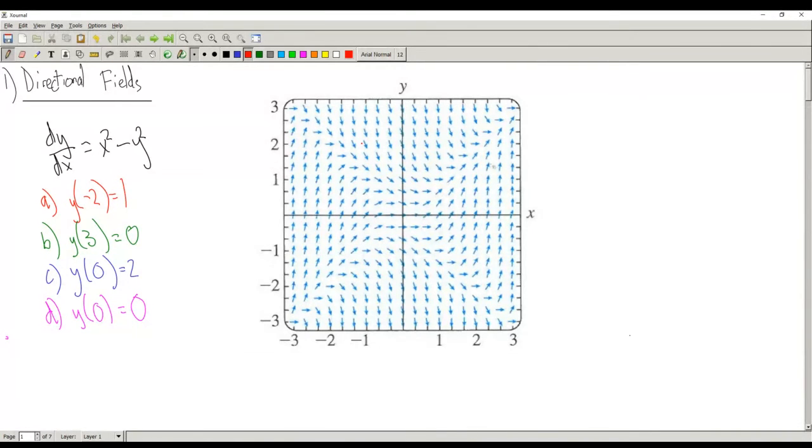When it comes to qualitative, you're looking at the quality of it, as opposed to a specific value that comes out. You will also look at directional fields in terms of a quantitative analysis, where you need to work out the actual values. But if you're given a directional field like this, they just want to know roughly what the thing looks like.